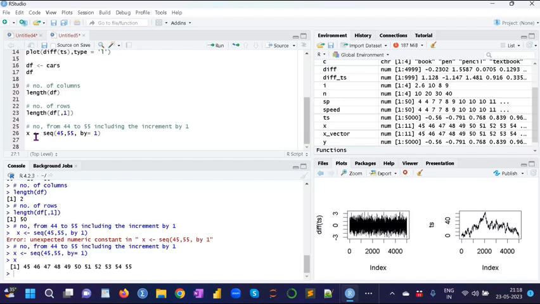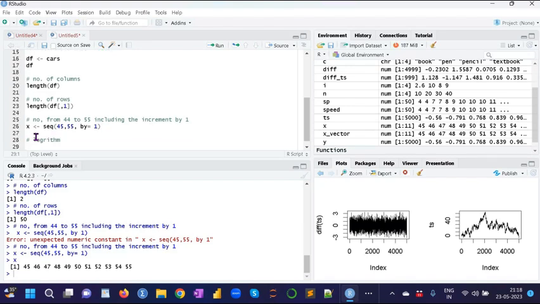Now I want to see the logarithm. Log. It is not working because I am already using X, that's why. Using X1 instead.